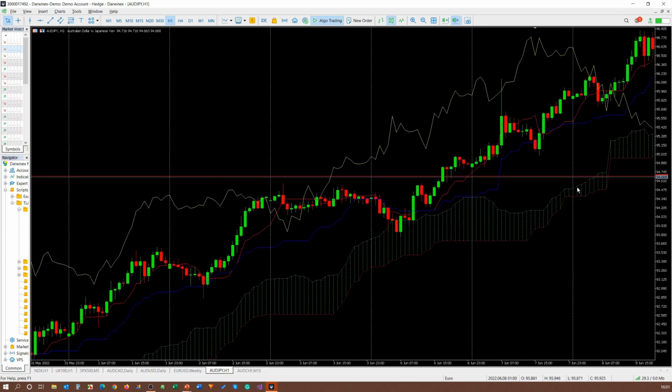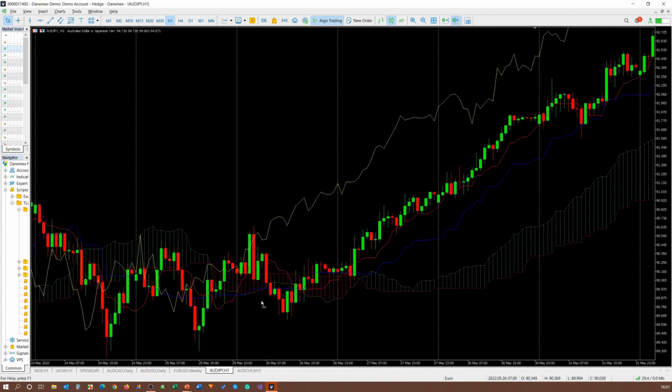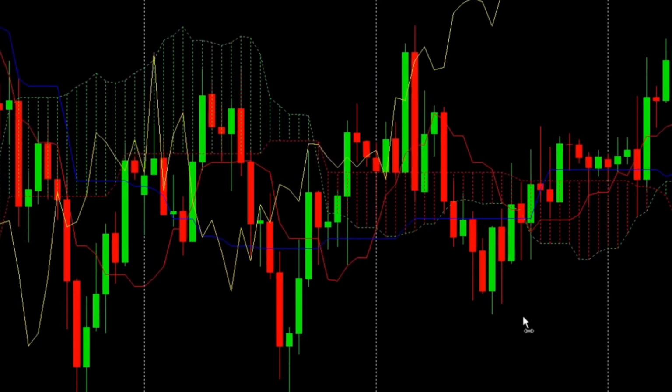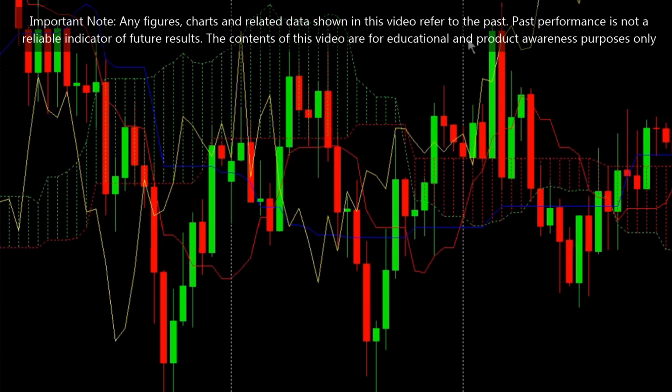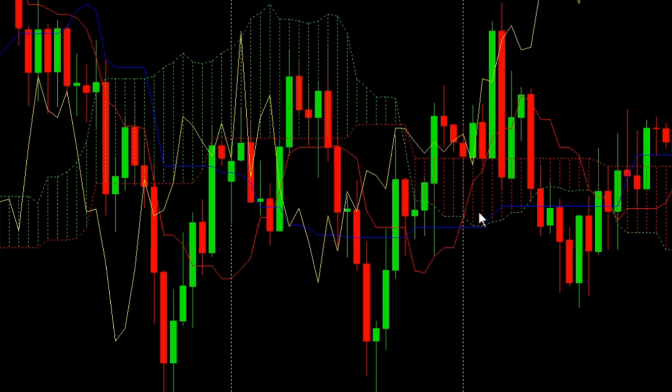Now, I've said this before, and I think it's worth saying again, we need to be looking for this clear separation of the different components of Ichimoku. If you see price action like this, where the price is continually crossing over the other parts of the indicator, the indicator lines themselves are crossing over each other, we have the Senkou Span up and down, the Tenkan-Sen, the Kijun-Sen, this is going to produce lots of different whipsaws.